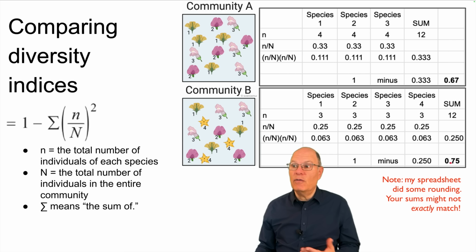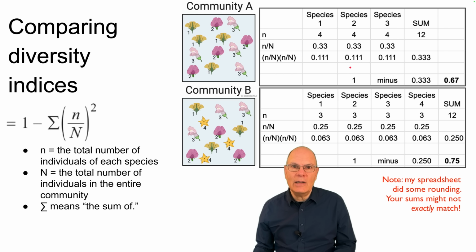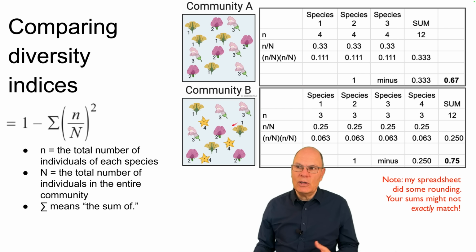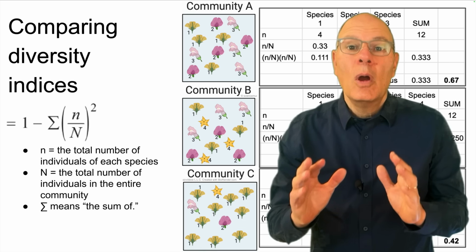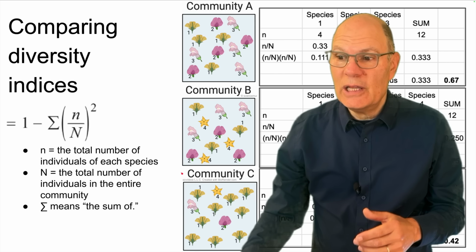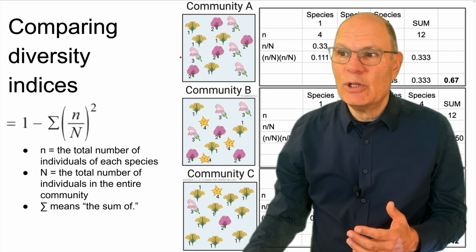So we see that the diversity of community B is indeed higher than that of community A, and that's because the species richness is higher, even though the evenness of both is the same. They're completely even.